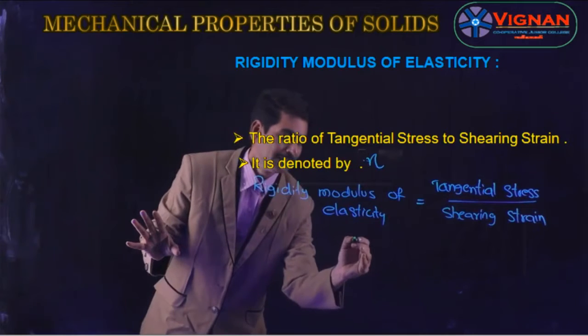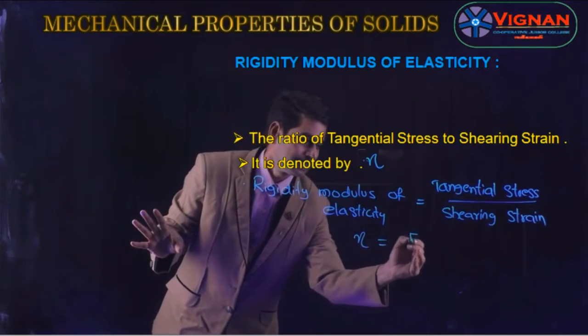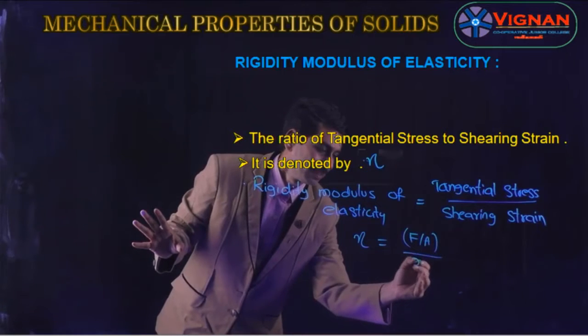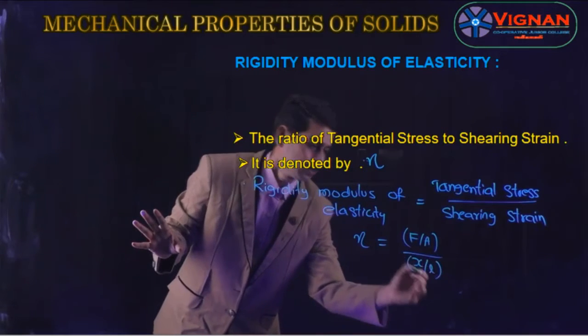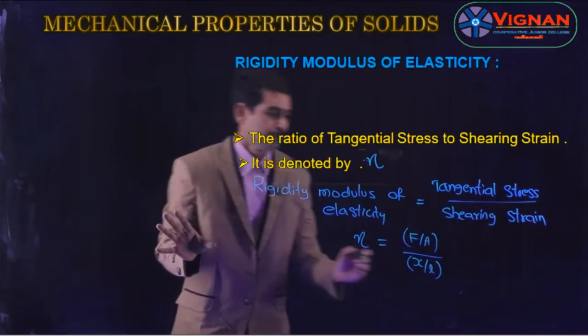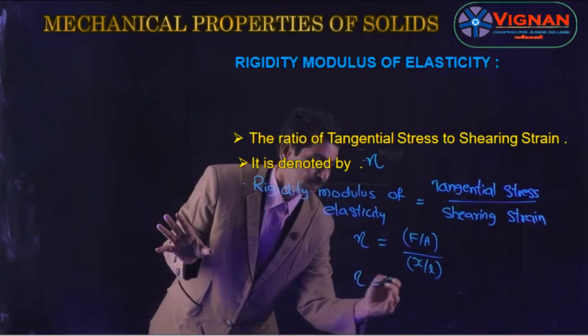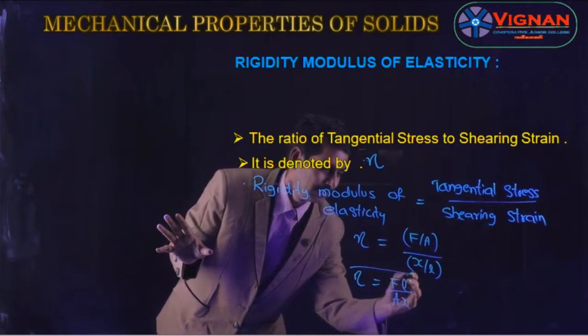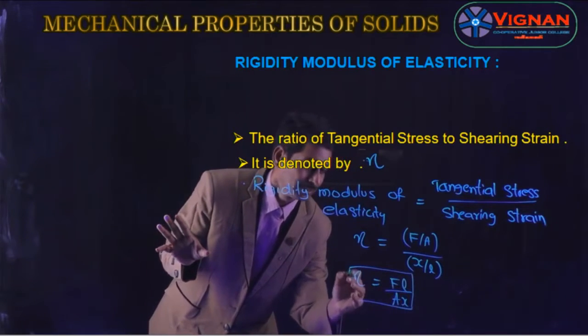Tangential stress is force by area, whereas shearing strain is x by L, the ratio of relative displacement to the perpendicular distance between the layers. Then we get eta equal to FL by Ax. This is the expression for the rigidity modulus of elasticity.